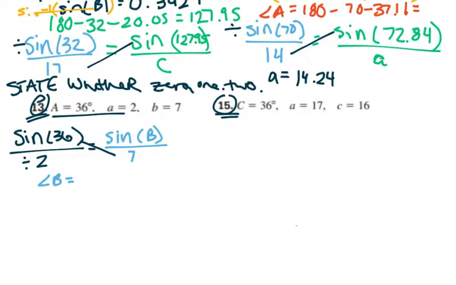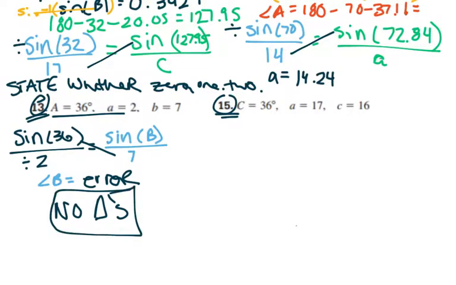So, yikes. Okay, so I would have said 2 for this one, just as I did for 15, but then when you actually go through and solve, you realize that you can't take a sine inverse of a value that's over 1, and so in that case this is no triangles.